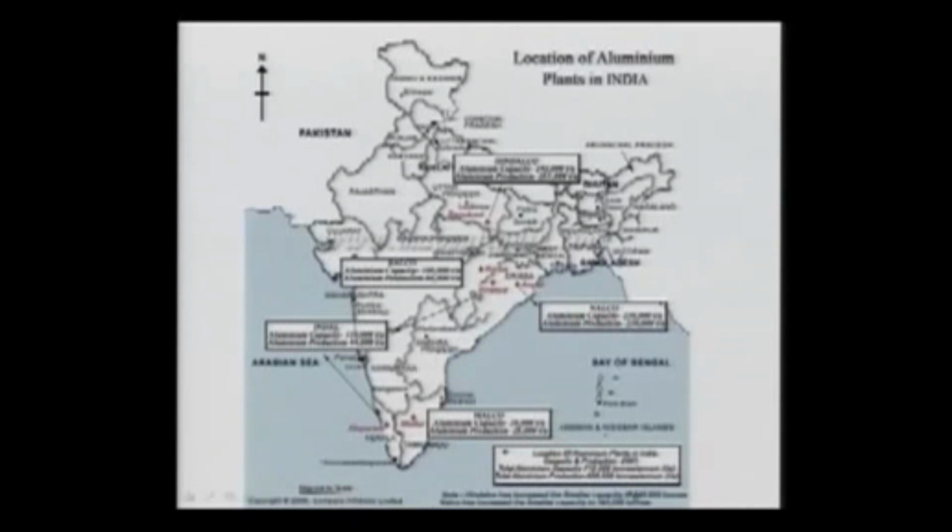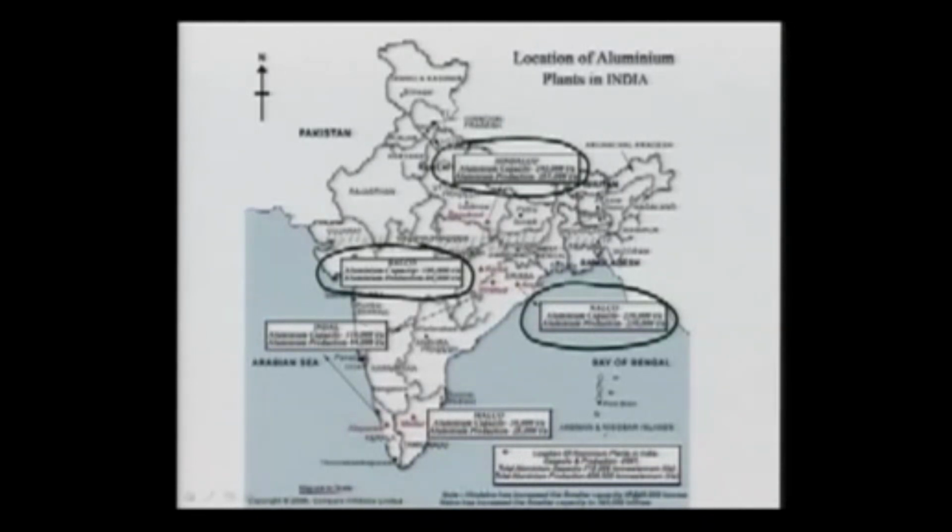It might be a good idea to have a look at where the aluminium plants are in India. What you see here are the rectangle boxes. You have Hindalco, a large aluminium plant. You have National Aluminium Company in Orissa, again a very large plant. We also have Balco, in Korba in Chhattisgarh.